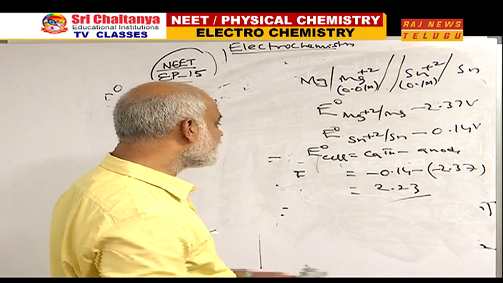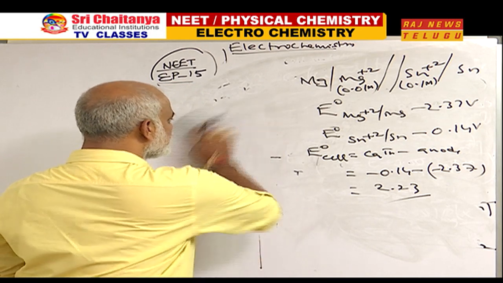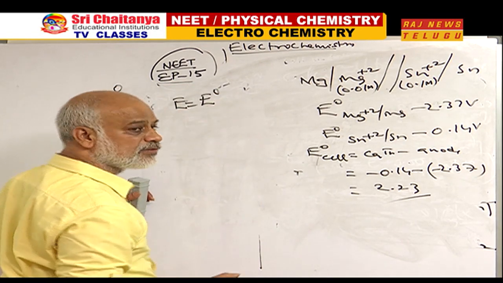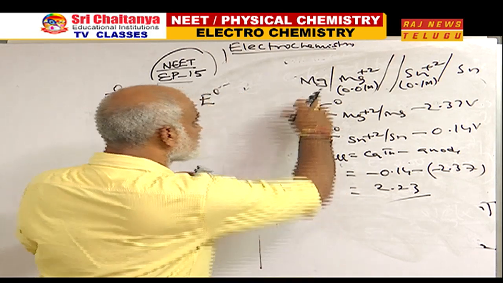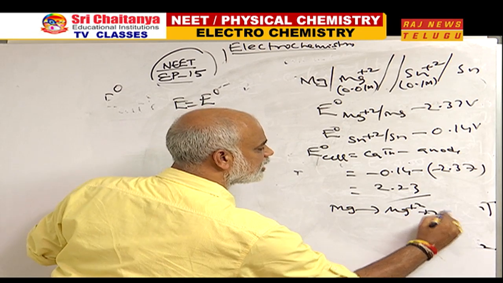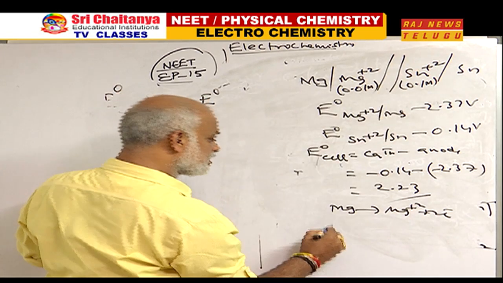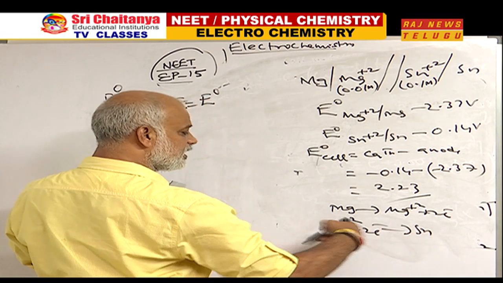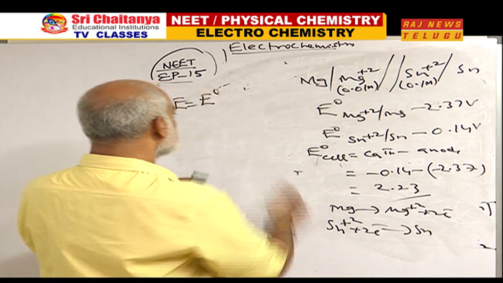What is this E naught? I want E. E is equal to E naught, but before that I wanted to write the equation. What is the spontaneous equation? Mg gives Mg plus 2 plus 2 electrons. What is the reaction here? Sn plus 2 plus 2 electrons gives Sn. How many electrons are participating? 2.